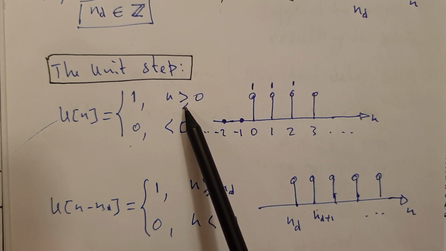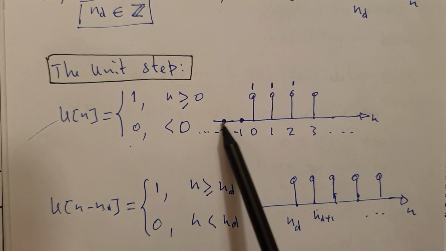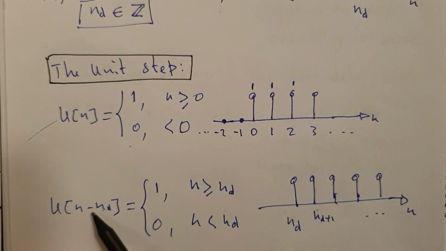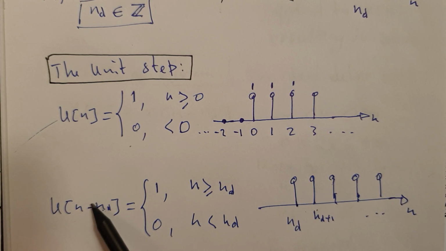So for positive values of n or 0 we will have 1, and 0 for negative values in this definition here. As before, we can also apply delays here or advance in time, so we can displace it to the left or to the right if we want to. So in any case, any value that we choose for nd, okay, we will find the starting point by making n equal to nd.